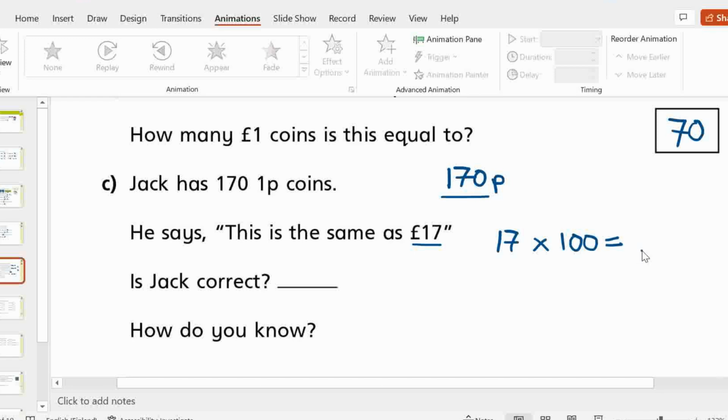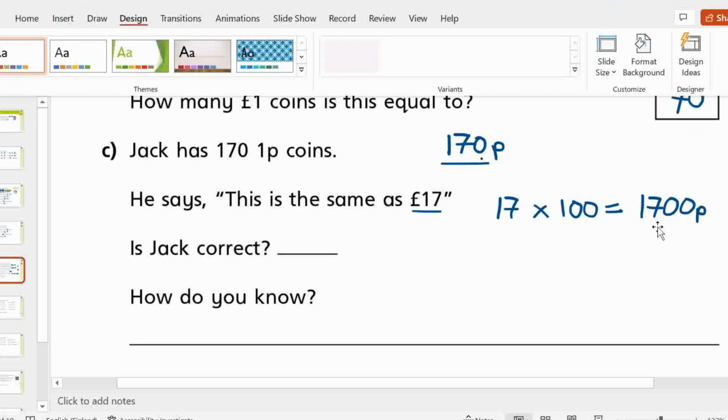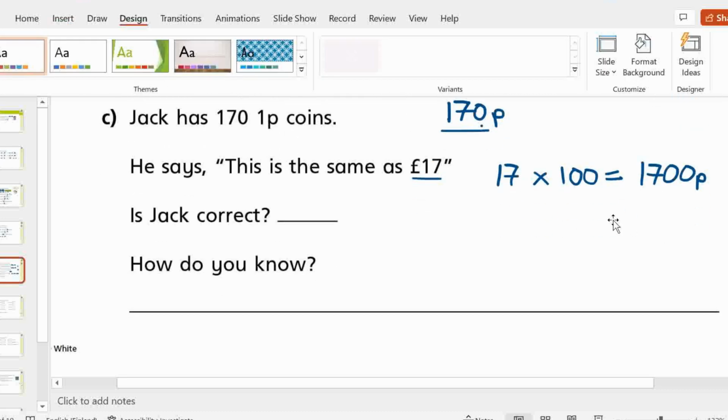That will give us 1,700p. Is that the same as this one? So Jack is not correct. And then when it says, how do you know? You could write this equation in. You could say £17 is 1,700p. Yeah? So for how do you know, you can just write this in, really. That will explain it.